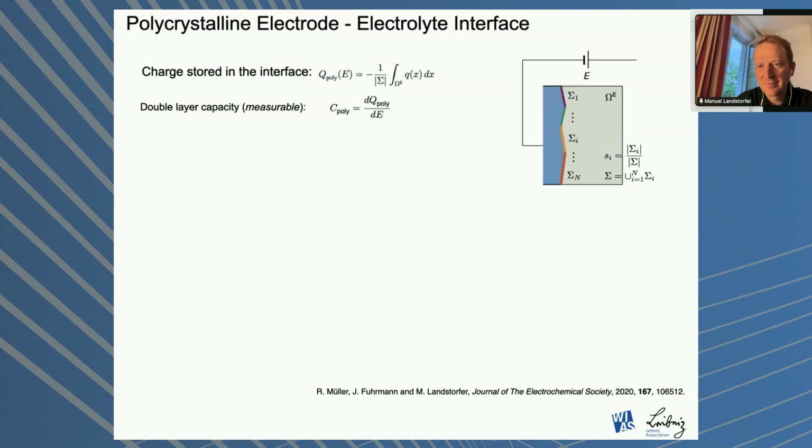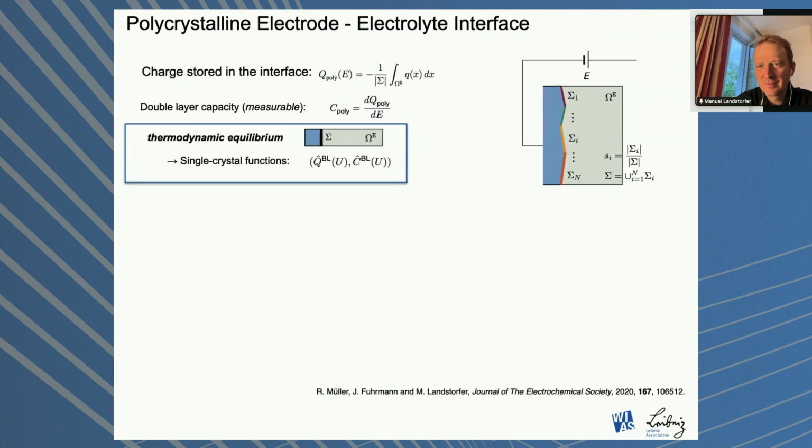So we can store charge, we can define a capacity for this polycrystalline interface, and the nice thing is that we actually find that there are then two scaling parameters. The first one is the width of the Debye layer or of the space charge layer, and the second one is the diameter or the size of the facets.